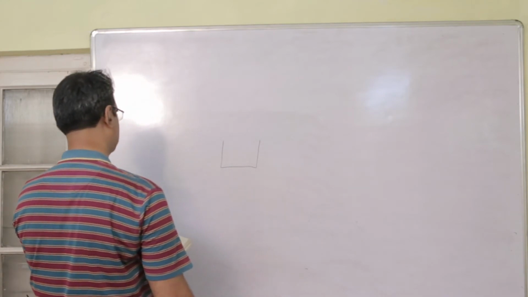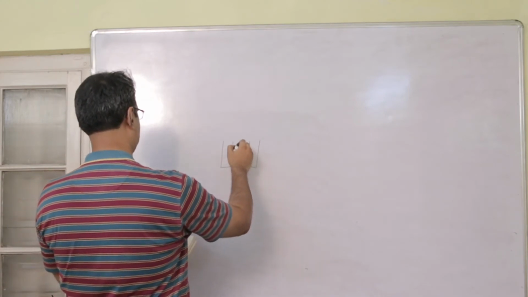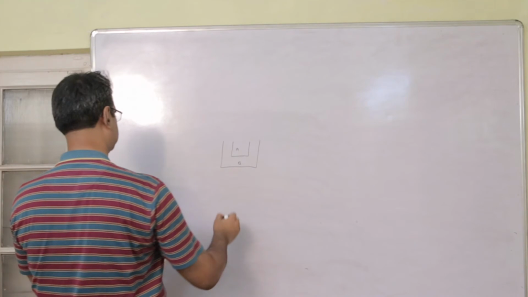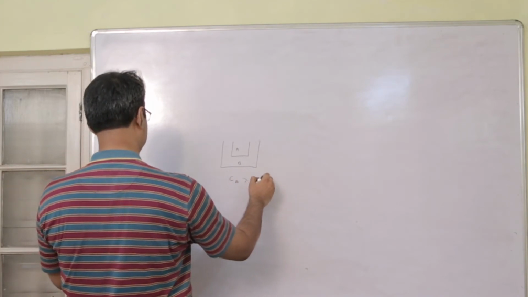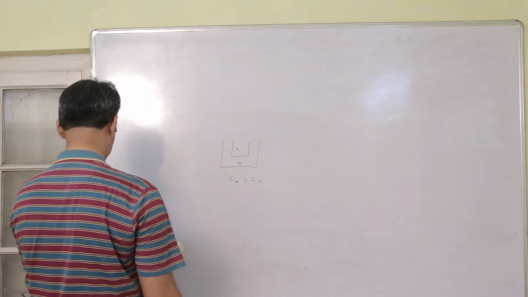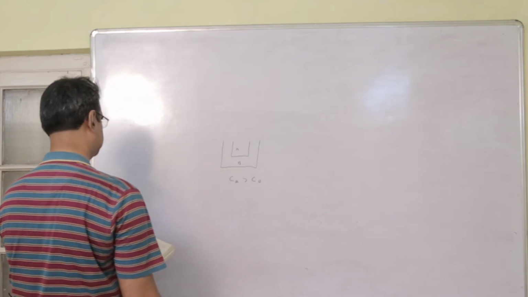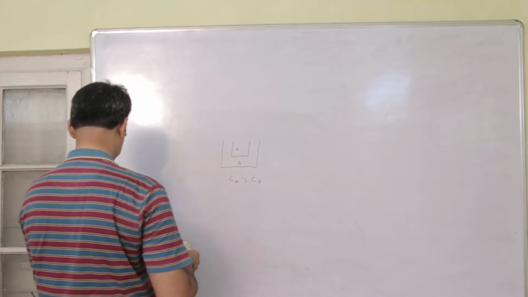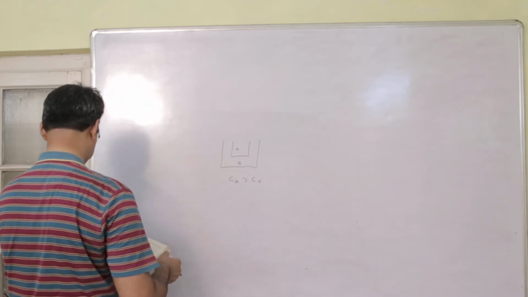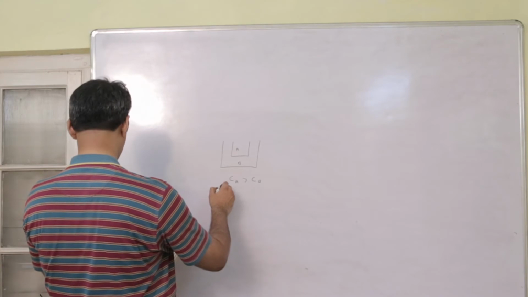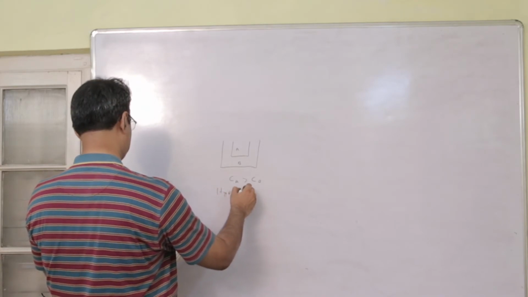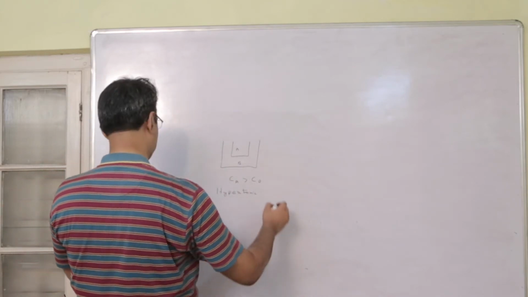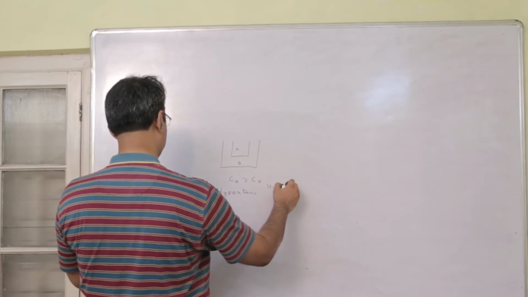When we were speaking about osmosis, suppose you have two solutions, A and B. Now let us say the concentration of A is greater than the concentration of B. In that case, Ca is said to be hypertonic and Cb is said to be hypotonic.